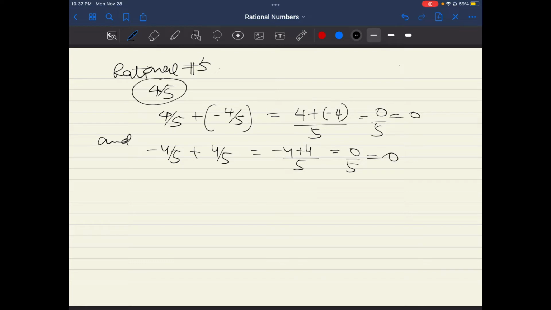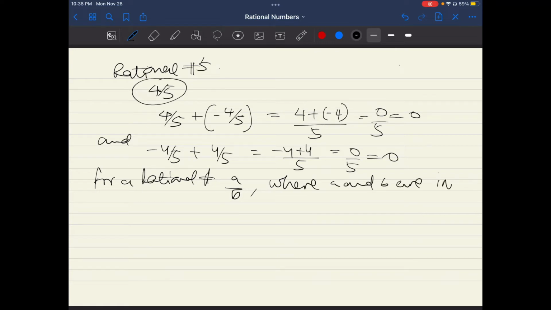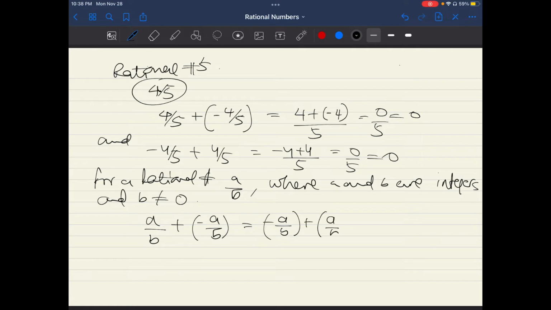So now we can generalize this by saying for a rational number a over b, where a and b are integers and b is not equal to 0, a over b plus minus a over b equals minus a over b plus a over b equals 0.